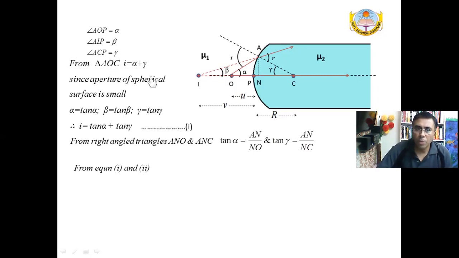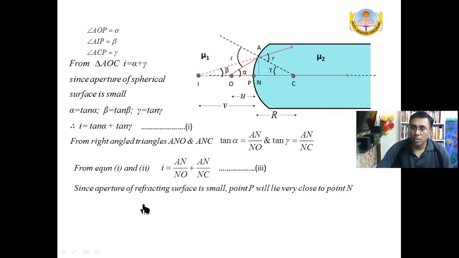Now from equations 1 and 2, I can write i equals AN upon NO plus AN upon NC, right? Now this P and N are very, very close. So NC and PC would be same. Similarly, NO and PO will also be same.